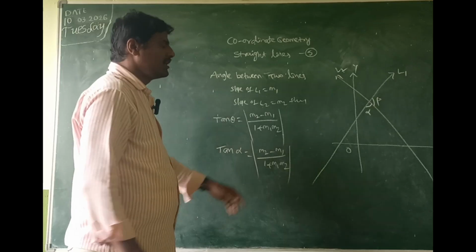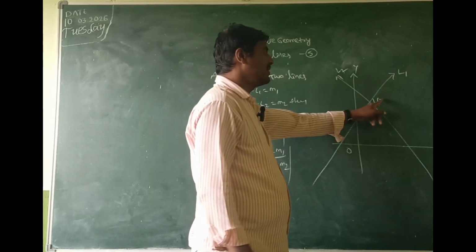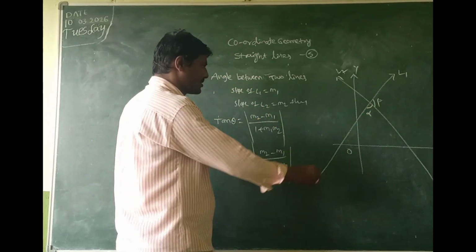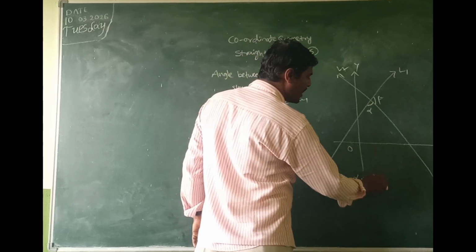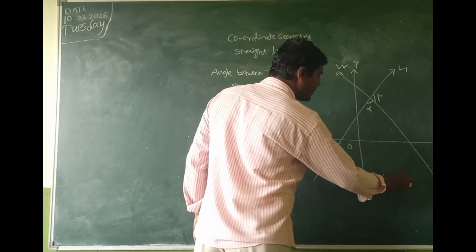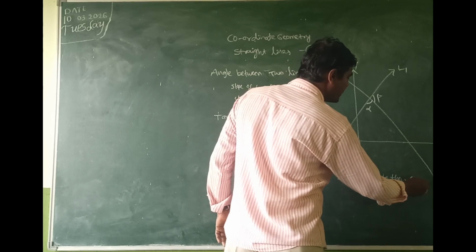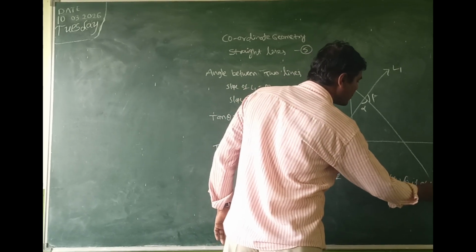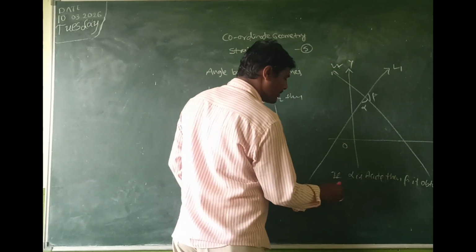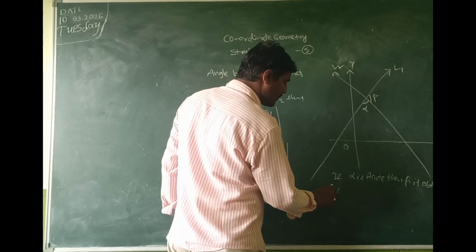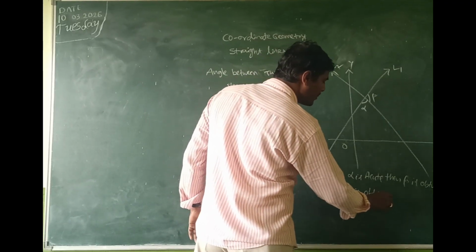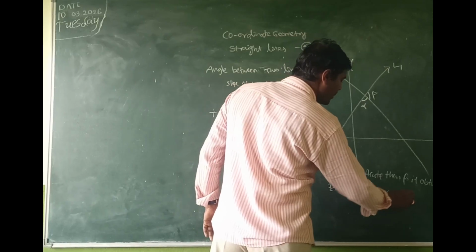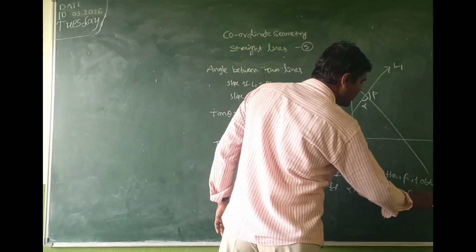If alpha is acute, then beta is obtuse. If alpha is obtuse, then beta is acute.